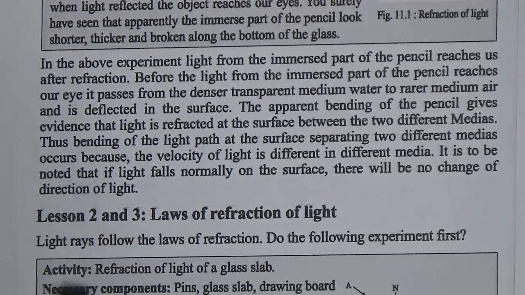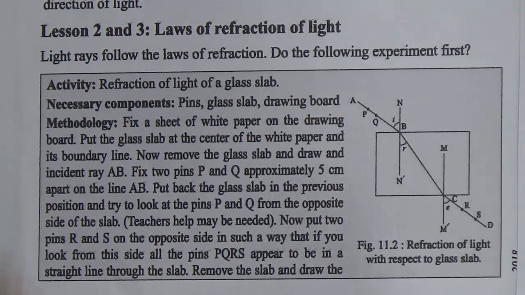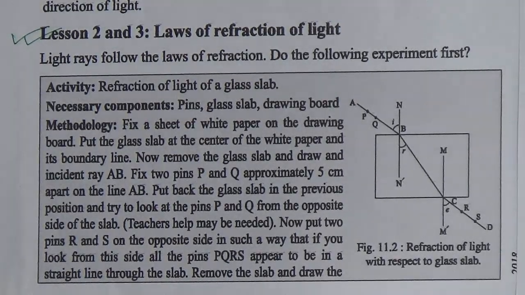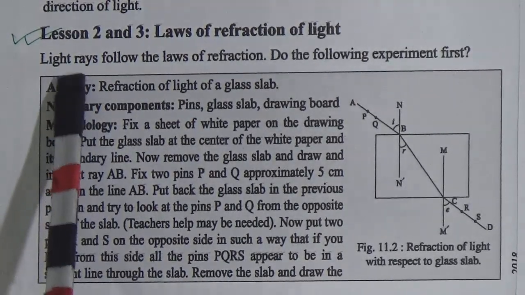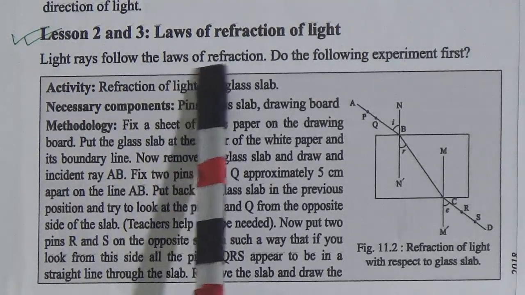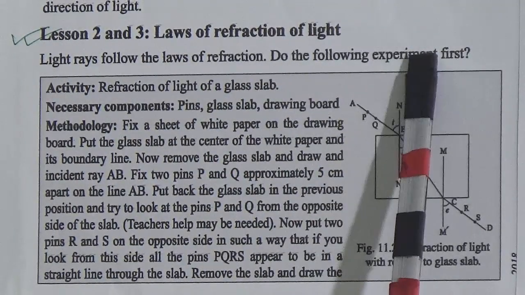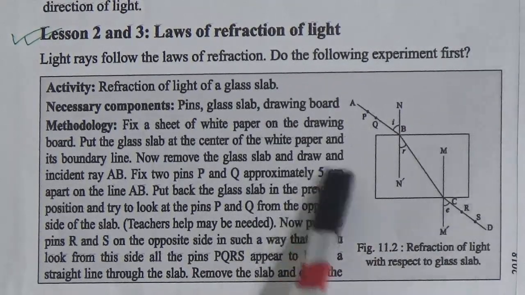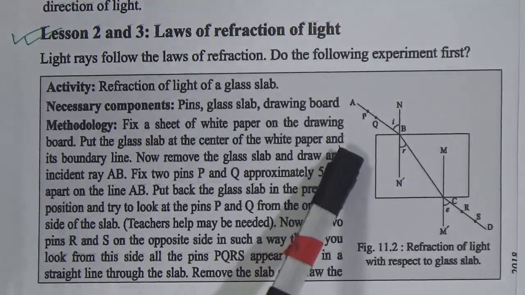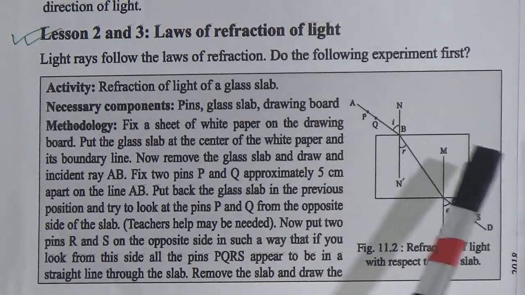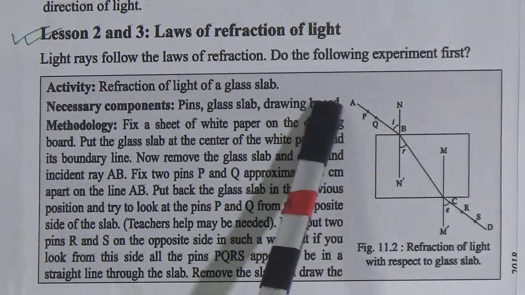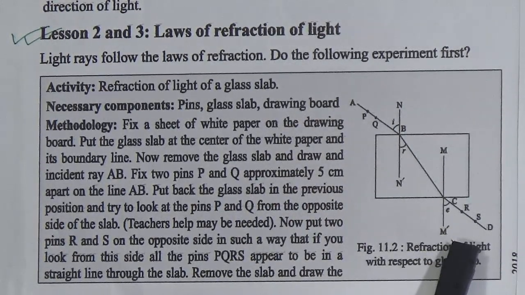Now come to the next one, the law of refraction, that we have to learn. The law of refraction, or condition of refraction: light rays always follow the law of refraction. This is the experiment. We have to take a heavy glass slab, and by putting pins we can indicate that light is going through it.